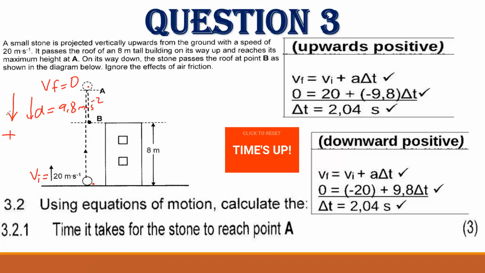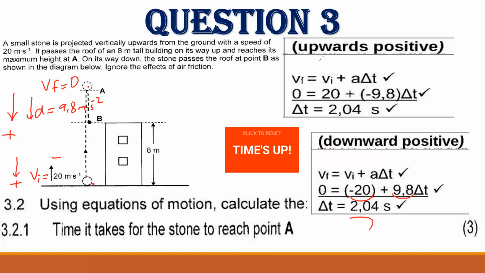If you choose down, the direction of acceleration and the chosen positive direction are the same, so you use plus 9.8. But now your V initial is negative 20. Why? Because you said down is positive, but this initial velocity is going up. So it means negative. I hope it is clear. You just swap these two and get the same answer. There are two options. You don't have to do both of them. You can choose one of these to calculate.